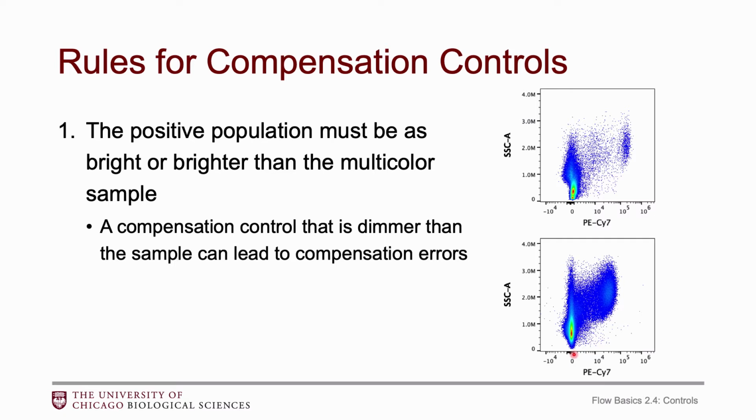This would allow for proper compensation because our single stain control is brighter than our sample. But if we had it the other way around, if this bottom plot was our single stain control and the top plot was our actual sample, the compensation would not be calculated properly. It violates the rule. We have a subset of cells within our sample that is brighter than our control, so this subset will not be compensated properly.